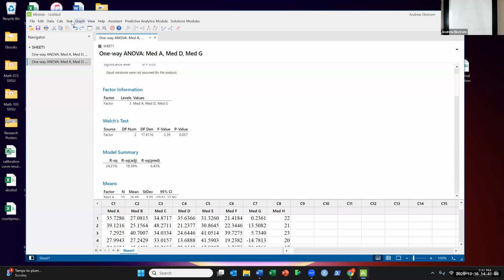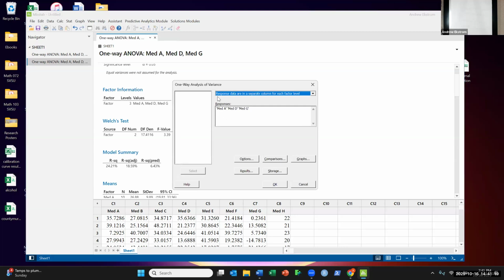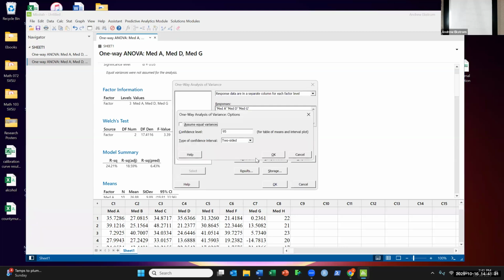All right. Back to stat. Back to ANOVA. One-way ANOVA. Once we are here, we go to options. There's this one thing here where it says assume equal variances.